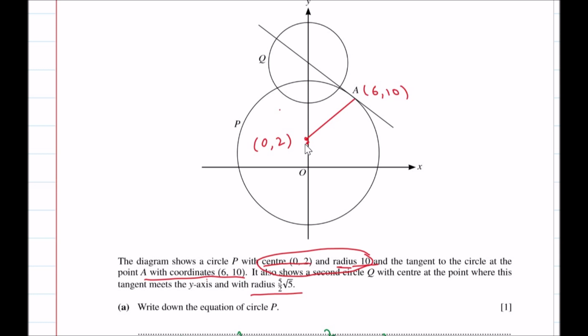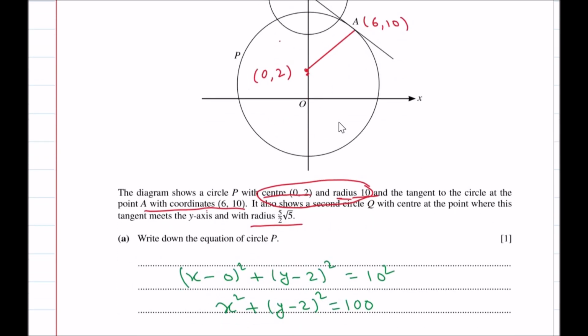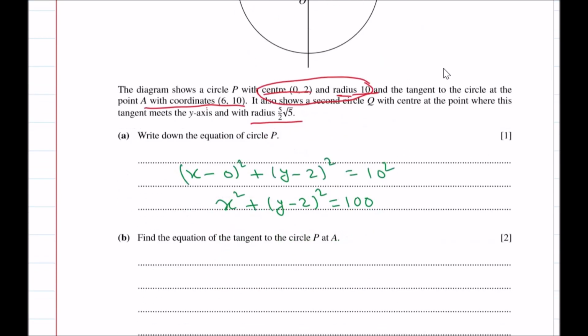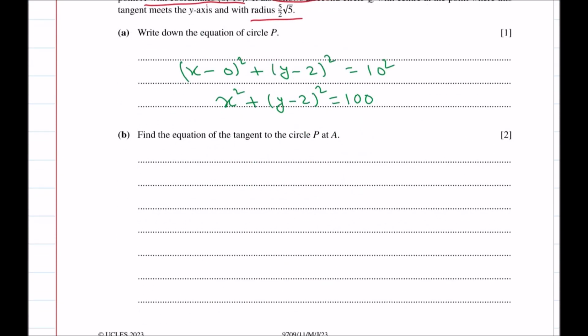That means it is 0, 2 now. So we can find this, as we know that radius is perpendicular to the tangent, right? Radius is perpendicular to the tangent of the circle at point A. So we will find the gradient of the normal. That means radius. Let us find gradient of the radius.